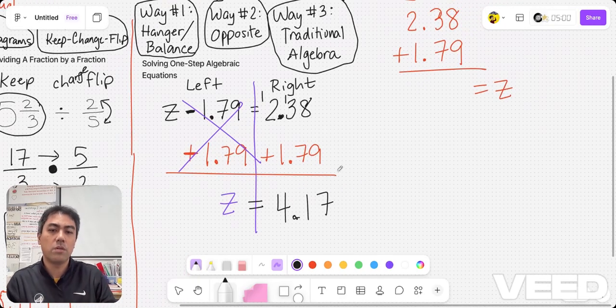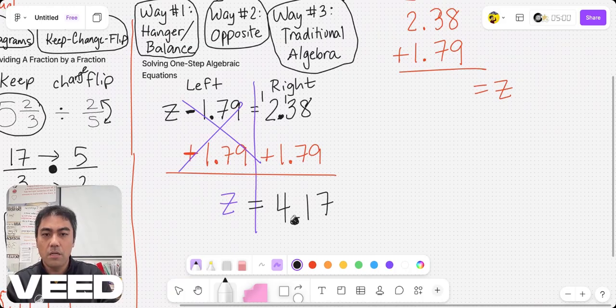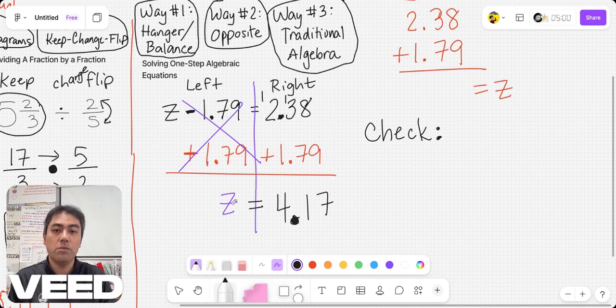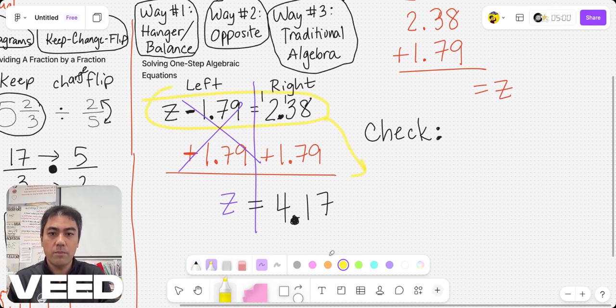If you're doing this alone on a quiz or a very important assessment, like a test, it's a good idea to always check. It's a good habit. Now, checking means you're checking to make sure Z really is 4.17. And so the way to do that is you go back to this equation and you just think about it here.